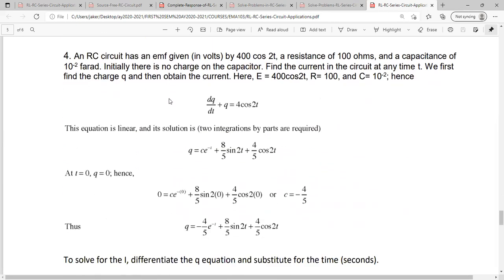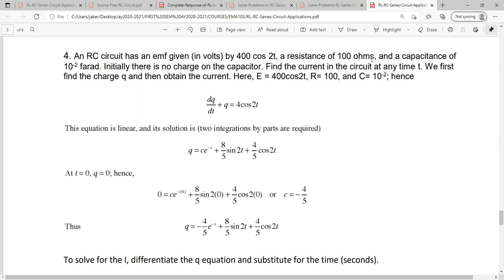And we will now proceed to the fourth example, which is an RC circuit, which has an EMF in volts. This time, class, the EMF is not constant. It's a function of time, and it is expressed in terms of the cosine function. So your EMF for this RC circuit is 400 cosine 2t.